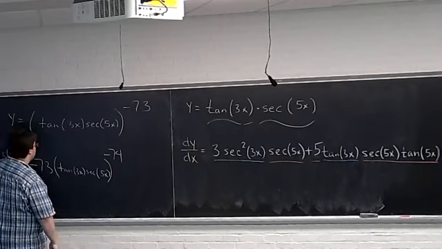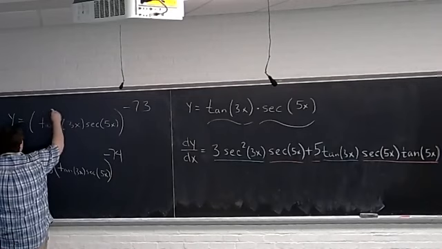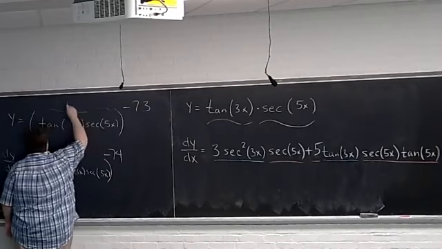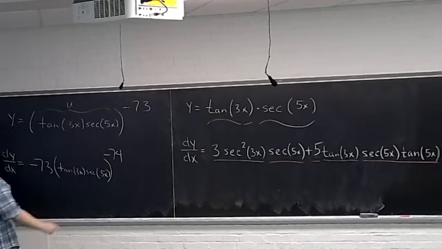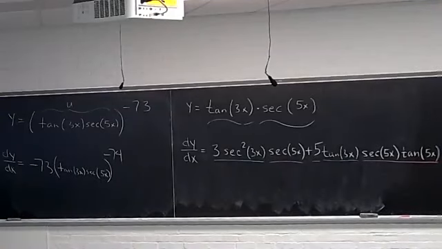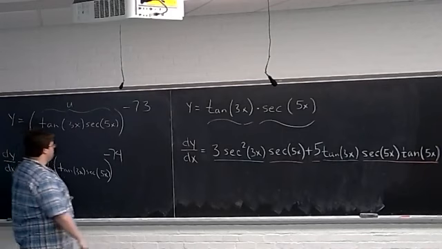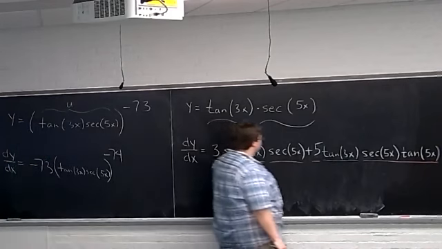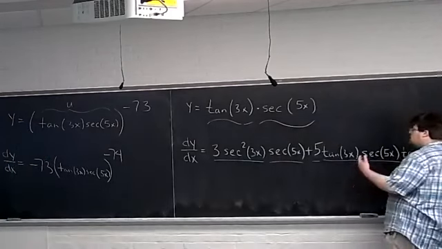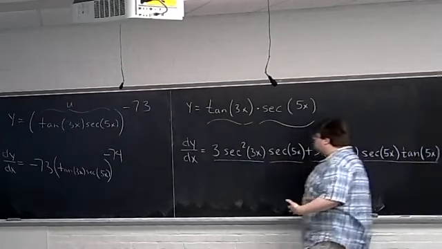So you could have done u equals all of that. y equals u to the negative 73rd, dy/du is negative 73u to the negative 74th. du/dx is the derivative of that. But notice in the previous example, we found the next derivative we need.